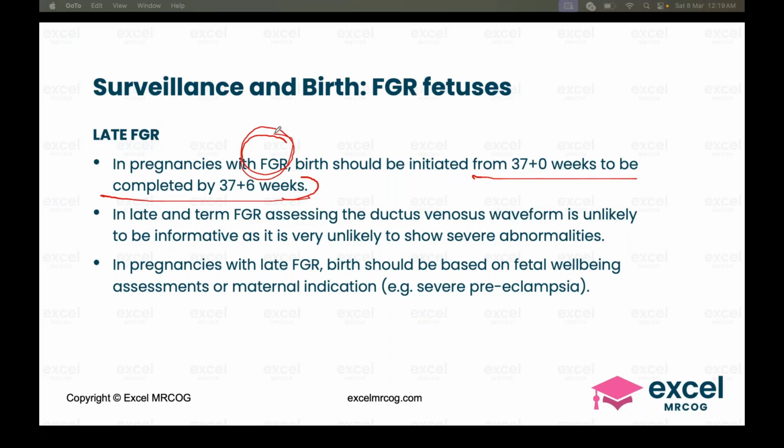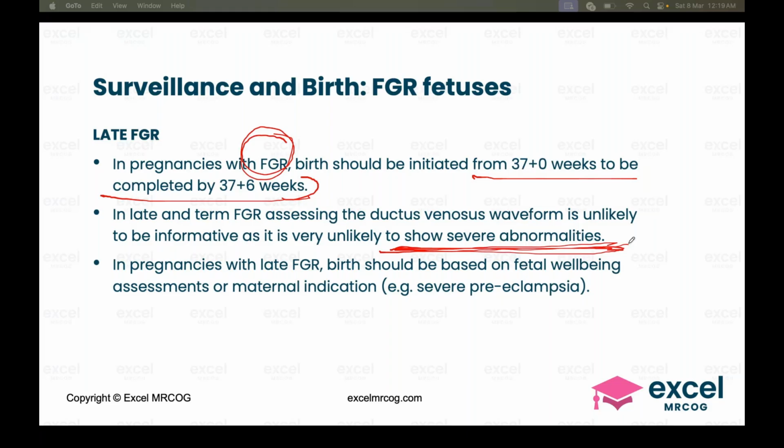In late and term FGR, assessing the ductus venosus waveform is unlikely to be informative, as it is very unlikely to show severe abnormalities. This is what the concept tells you. When it is severe abnormality, it reflects on the umbilical artery in the form of absence of flow, and that gives stress to the baby's heart. The heart is not able to pump adequately. That results in backflow, which reflects in the ductus venosus, which is supplying the baby's heart.